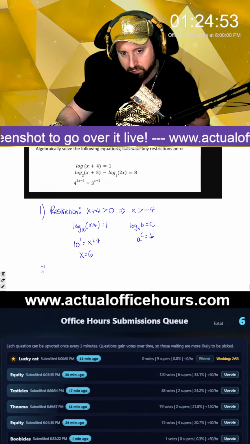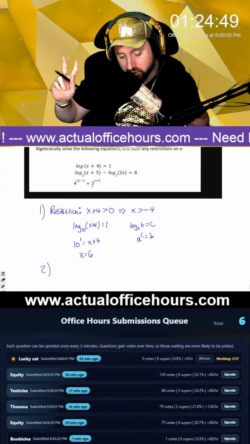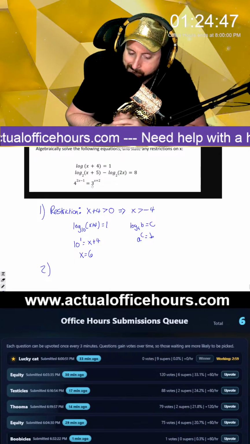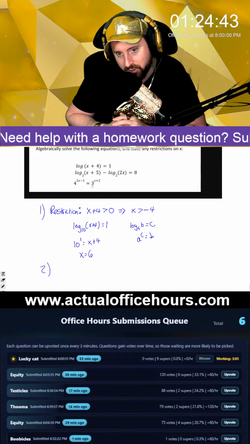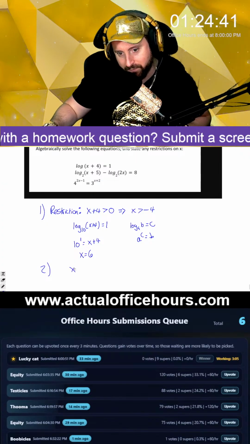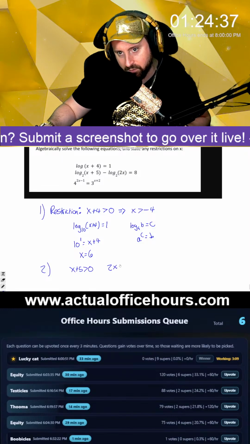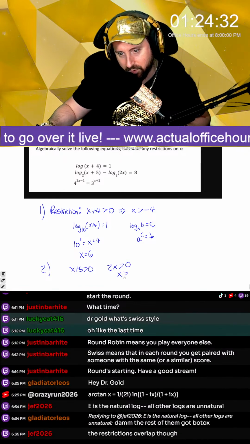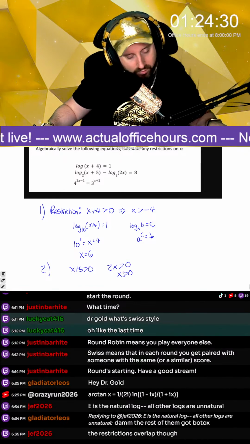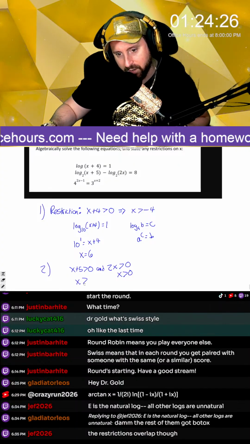Okay, cool. Number 2, same thing. You actually have 2 restrictions here. So x plus 5 has to be greater than 0, and also 2x has to be greater than 0. So x has to be greater than 0, and this tells you x has to be greater than -5.